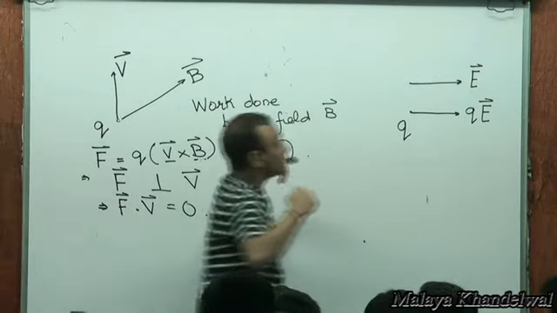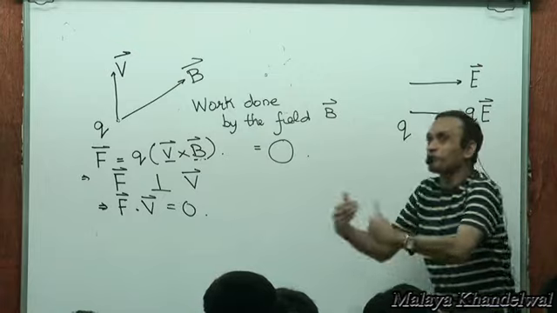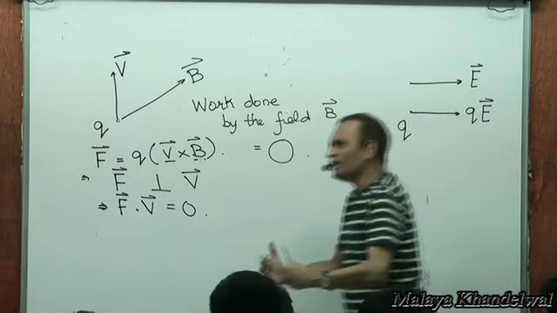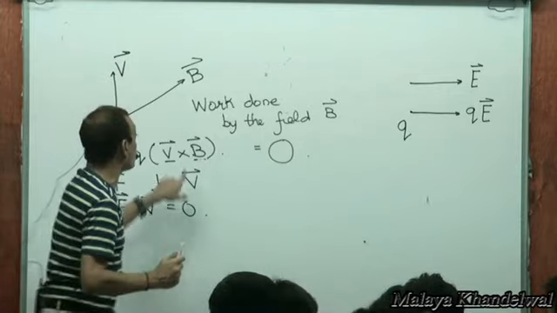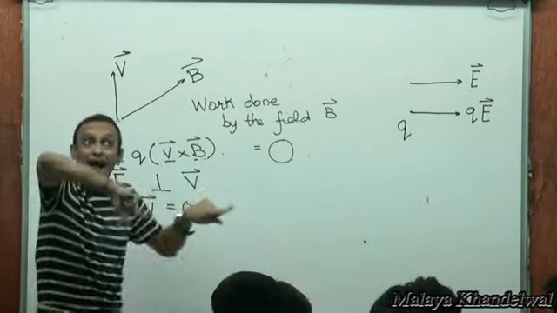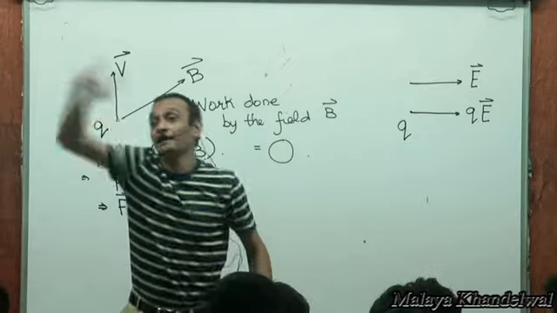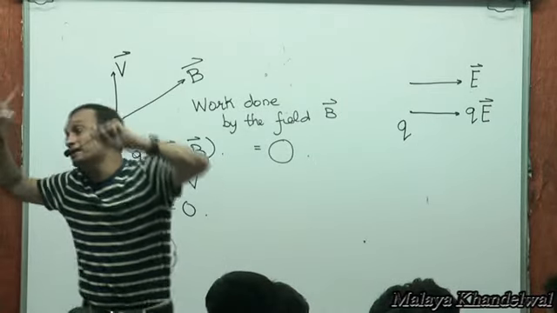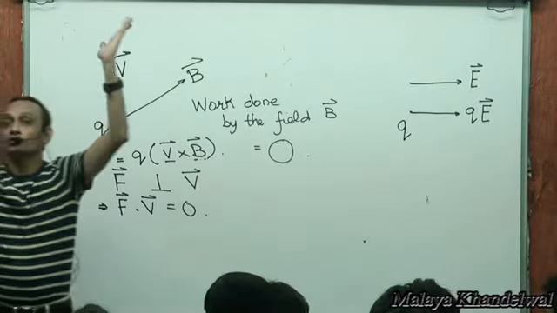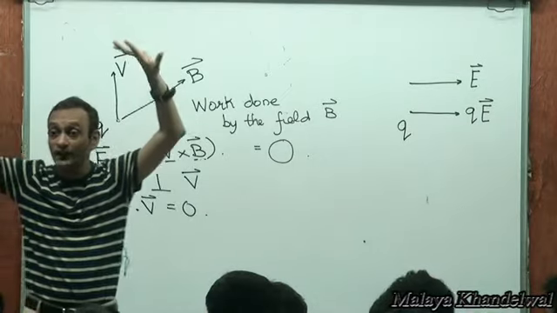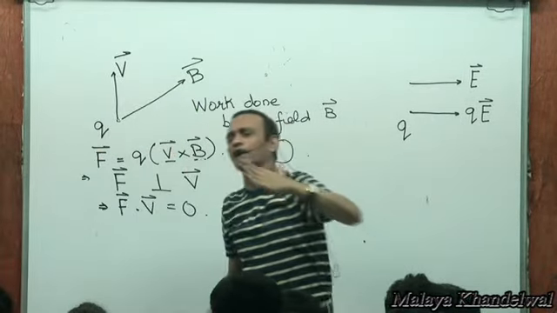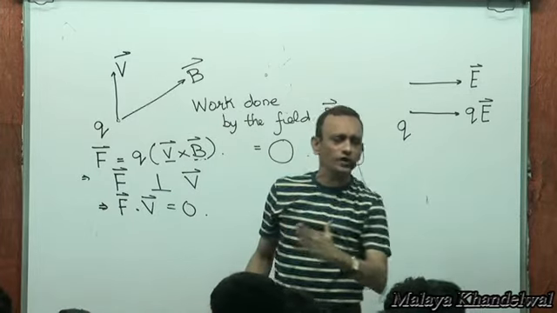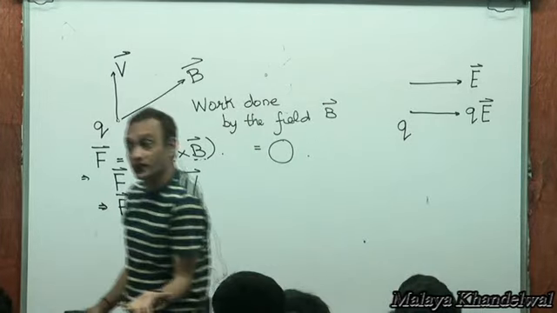So, when we talk of an electric field, the electric field would be synonymous with electric lines of force. But when we talk of a magnetic field B, a magnetic field line will not be synonymous with magnetic lines of force. In an electric line of force, the tangent at any point will give me the direction of the electrical force at that point.